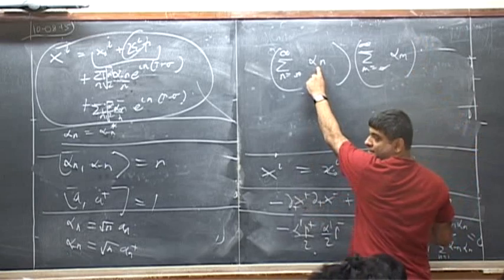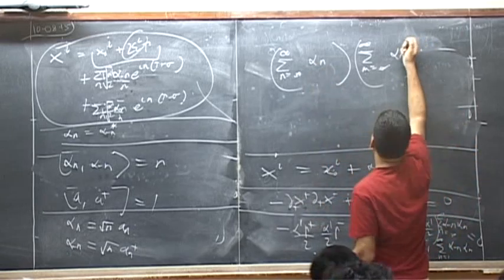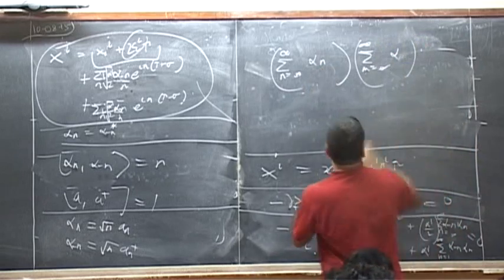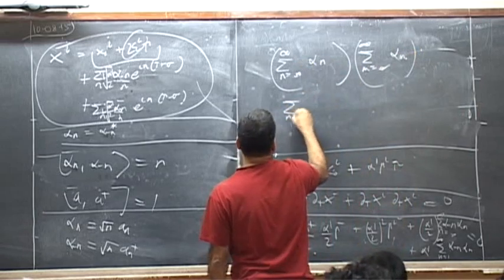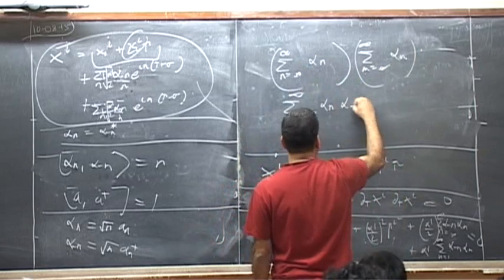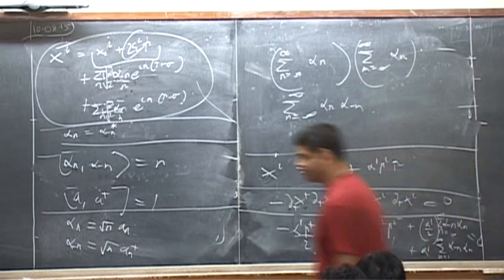Now, because we want the 0 mode, m has to be minus n. So I'll replace this by a delta of m minus n, so this is simply the sum over n from minus infinity to infinity of alpha n alpha minus n. No additional factor.